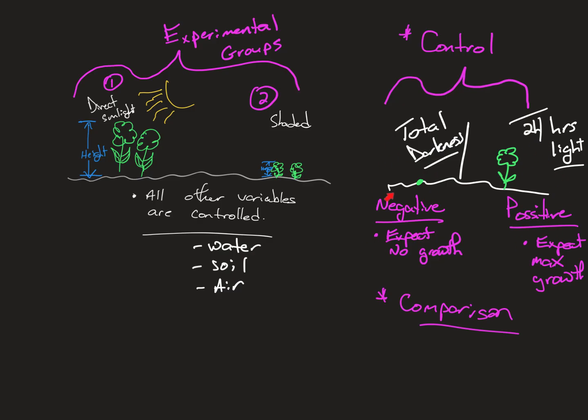Here you'd expect no growth. If there's growth in total darkness, something's wrong. Correct? If there's no growth, if these don't grow at all in 24 hours of light, then something's wrong. Then we have to figure out what factor that we weren't thinking of, what was that confounding factor that's messing up our experiments.